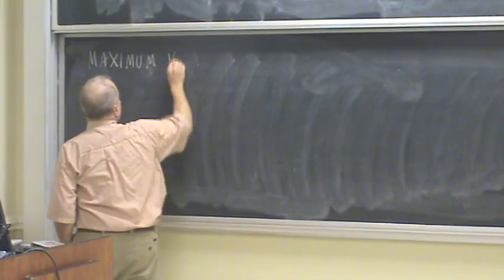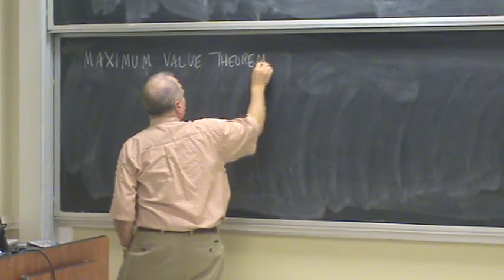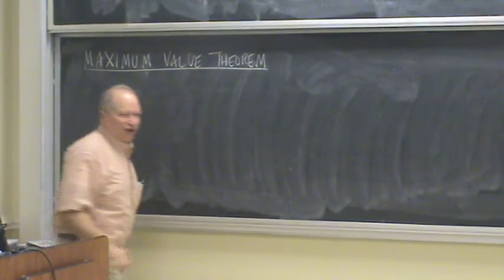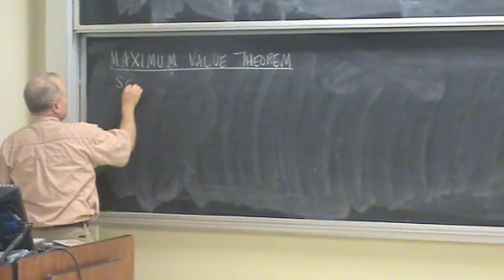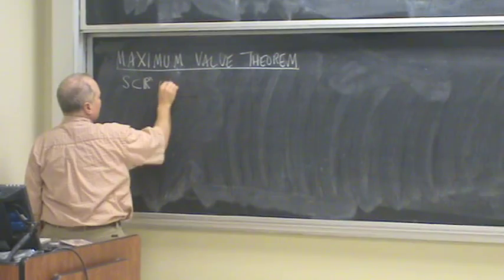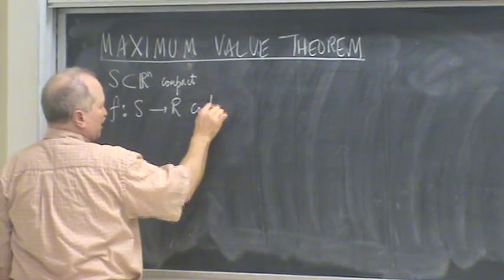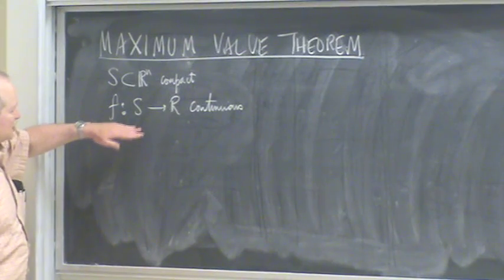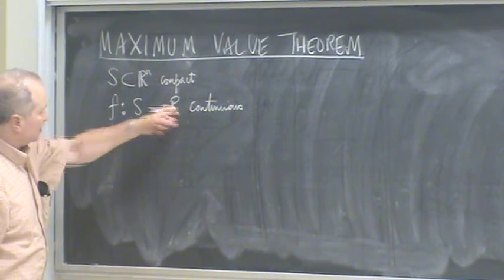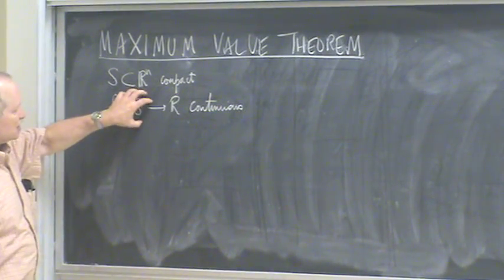So back to the proof of the maximum value theorem. Which, as we all recall, says that if S is compact and f is a continuous real valued function on S, and we did discuss in class yesterday what it means to talk about a continuous function on a set that is not all an open set in Rn, but just an arbitrary subset.